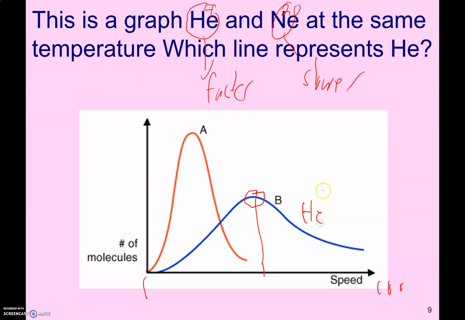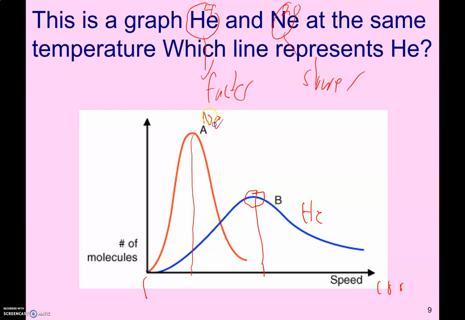And remember, we said when the gases are moving at a greater speed, the graph shifts to the right, so the greater average speed is higher, but the hump is not as high. And then this one, which is the slower moving gas, has a bigger hump, but the greatest average speed is at a lower speed. So this here is neon.